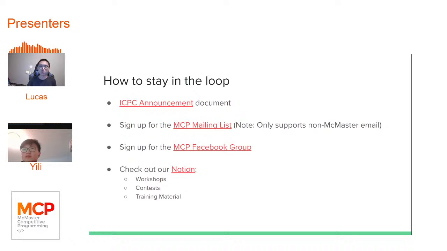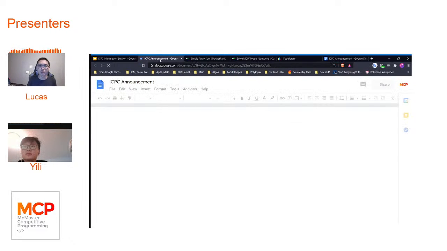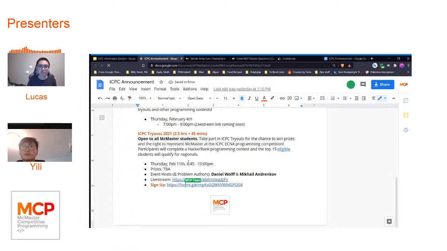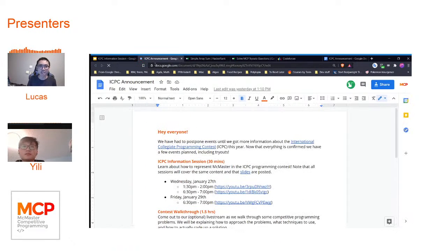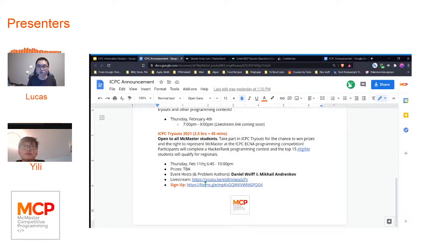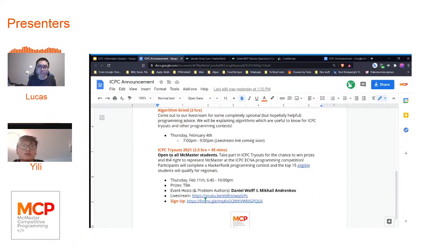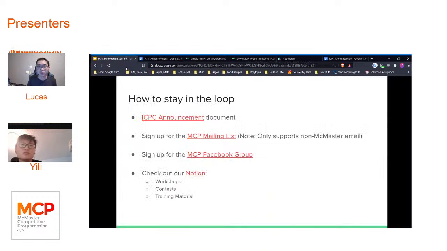Okay, cool. So if you're wondering how to stay in the loop on any announcements, there's a document with the ICPC announcements right here. Again, the slides will be shared, but if I click on that, you see that this is actually the exact same document we had for signing up for the tryouts, and there's a whole bunch of other announcements here as well.